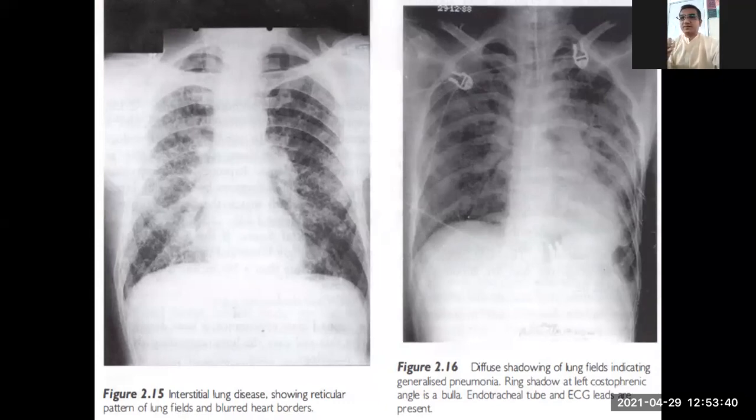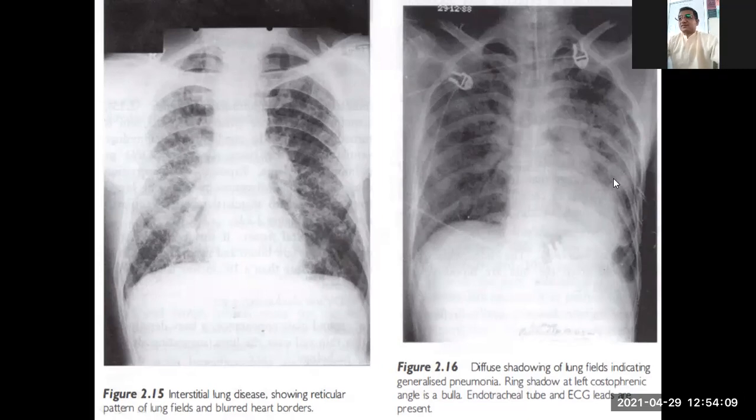After chronic exposure, the lung will become fibrosed and cannot recover back. And the lung loses its elasticity to expand. This is known as fibrosis, interstitial lung disease, showing a reticular pattern of the lung fields, blurred heart borders.